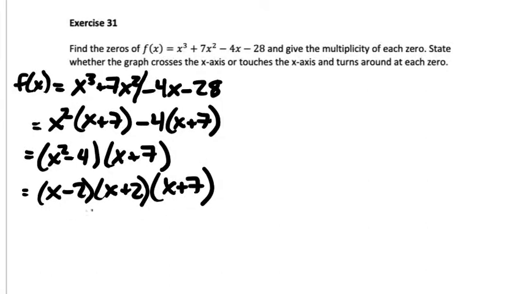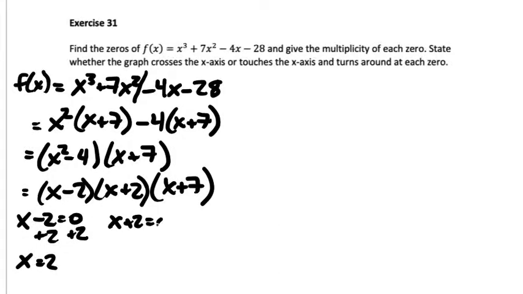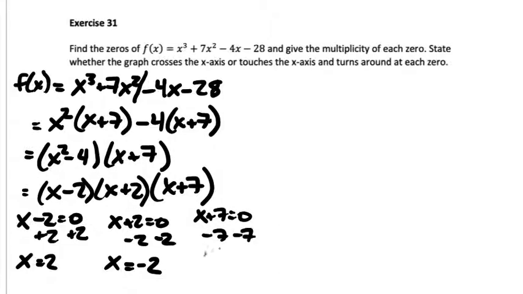So those are my three factors. Set each one equal to 0 and solve. We get x equals 2. We get x equals negative 2. And we get x equals negative 7.